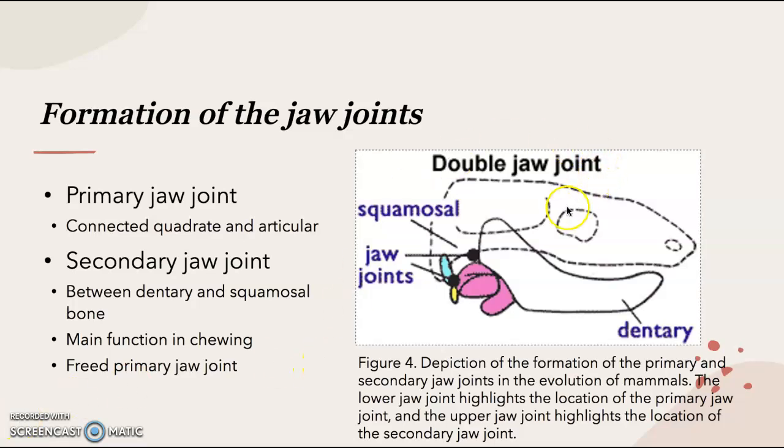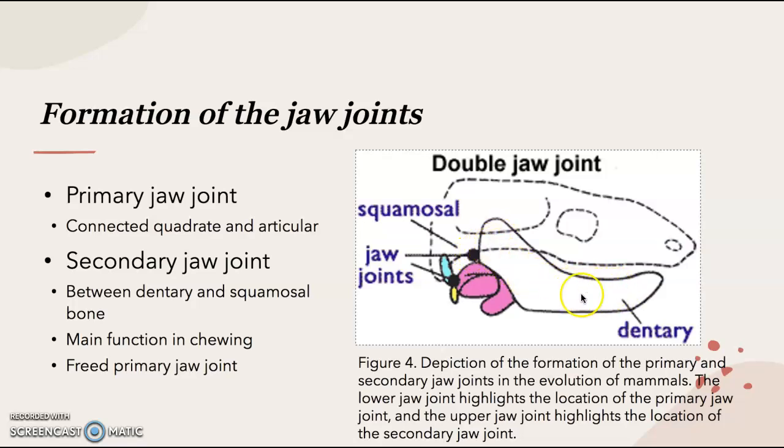So just looking at this quick rough sketch, showing the double joint. This blue is noting the quadrate and the yellow is noting the articular, and then the joint would just be formed right between them. So this would be the primary jaw joint, and this would be the secondary jaw joint.